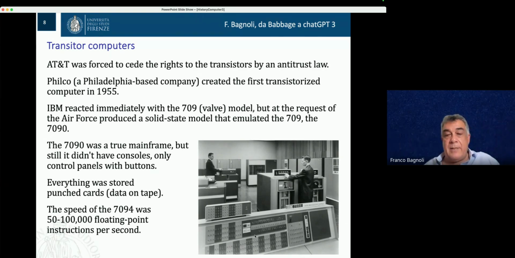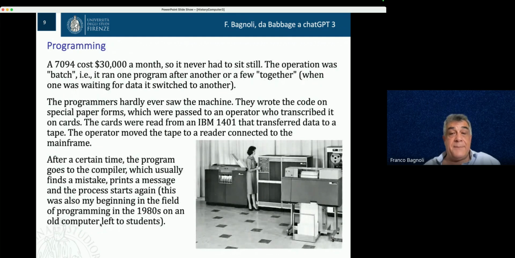Essentially, they were based on switches or buttons from which you could run one program or another, but not with an interpreter with really a front end. And clearly, everything was stored on punched cards for the IBM, or tapes, and they were increasing the capacity.